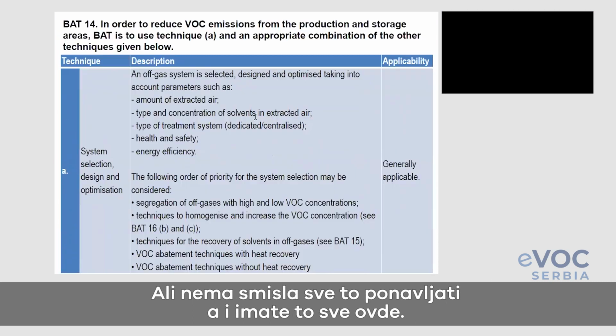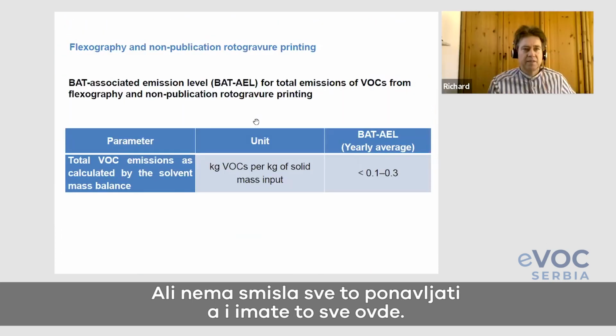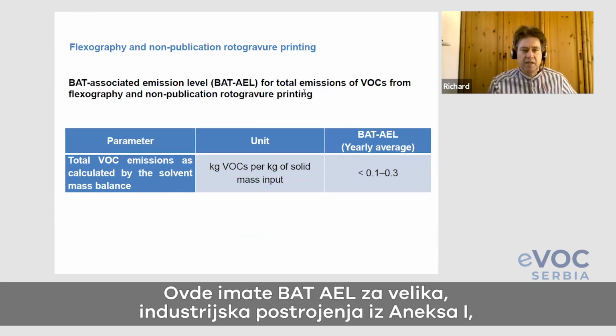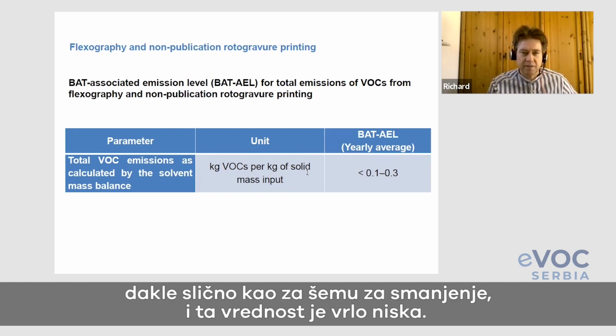But this you find here. I think it makes sense to repeat it. Here you see now the BAT-IL for the Industrial Emissions Directive, Annex 1 installations. You see that is the limit, the total emission limit value based on the VOCs in kilograms of solid. So you see it's something like a reduction scheme. The value is very low.